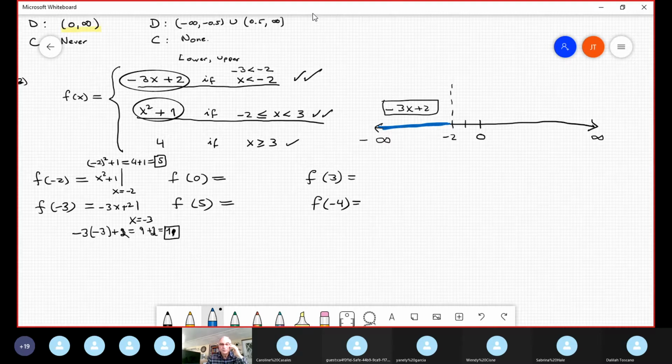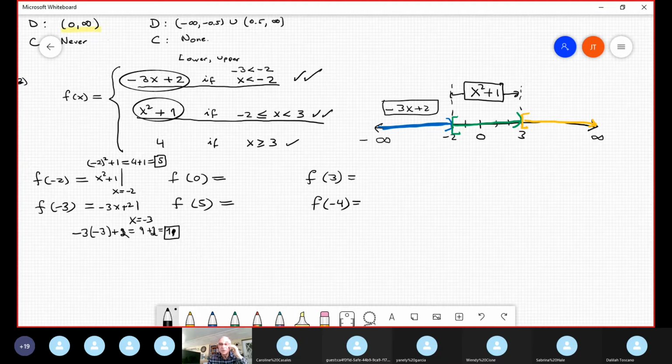It does not include negative 2, because I don't see an equal sign. And between negative 2 and positive 3 is valid, let me use some green color, bracket here and parenthesis here, the expression x squared plus 1 in this interval. And after 3, including 3, of course, let me use yellow color, bracket to infinity.